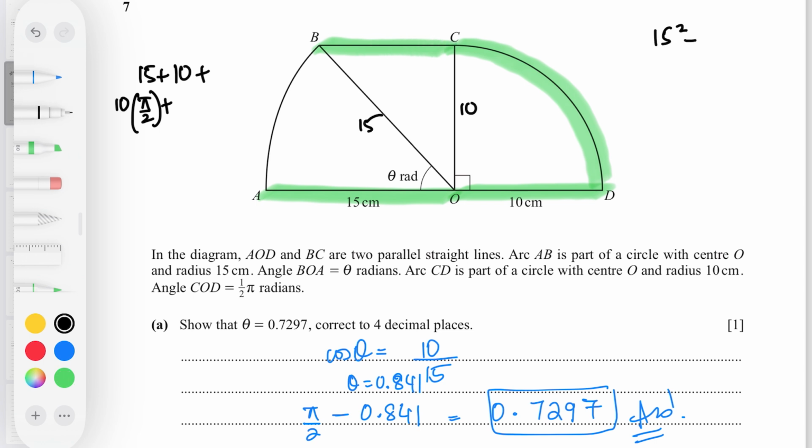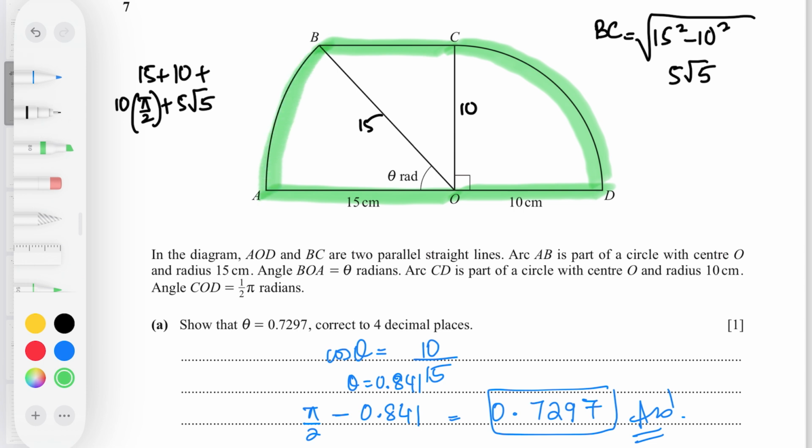So using Pythagoras theorem, 15 squared minus 10 squared, the whole under root, gives you 5 under root 5. Plus r theta, which is 15 times 0.7297. So this will give me the perimeter.